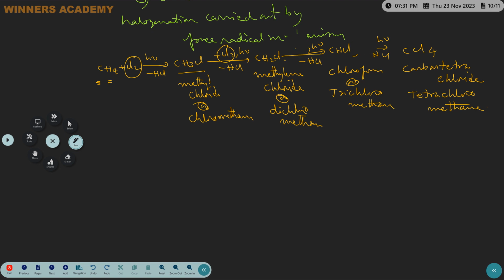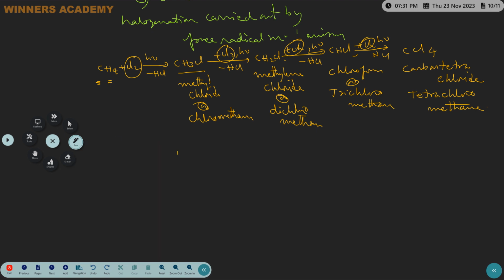Okay. Like that. In total how many moles are there? Means how many hydrogen atoms are there? 4 hydrogens. To remove 4 hydrogens, how many moles of chlorine are required? 4 moles of chlorine are required. Finally, carbon tetrachloride is formed.